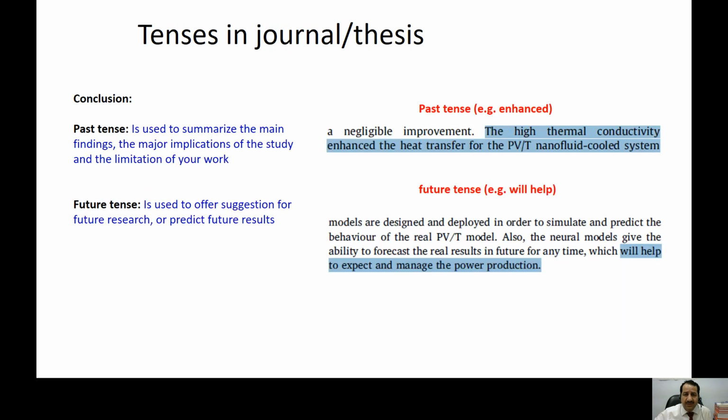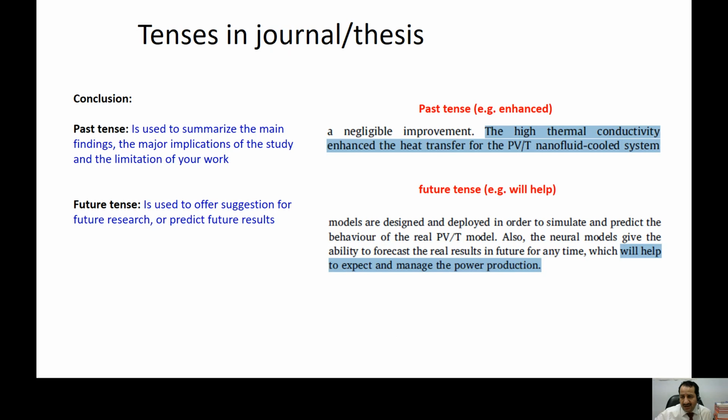In conclusion, you can use past tense to summarize the main findings, major contributions, and limitations of your work, while future tense is used to suggest future directions for other researchers.